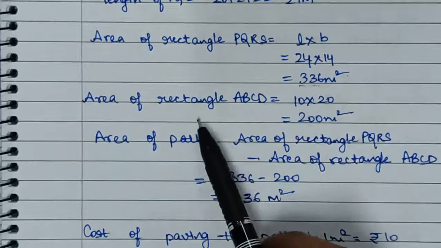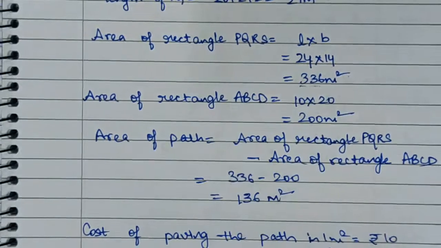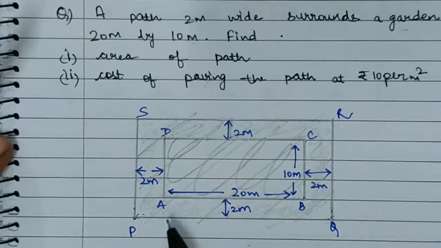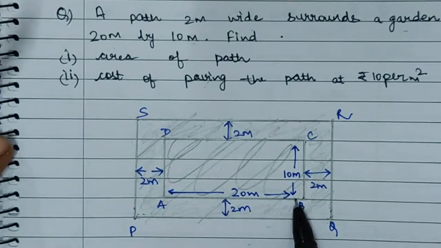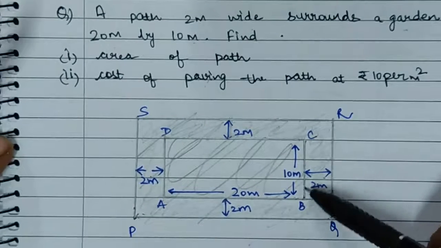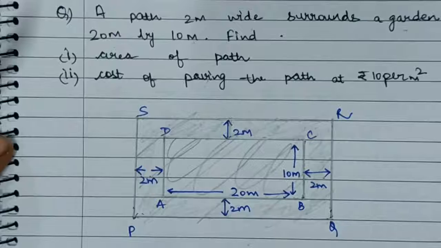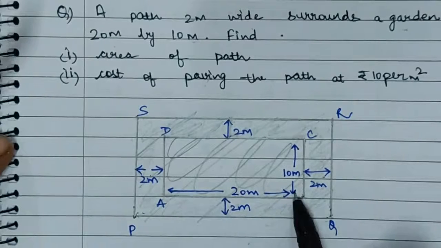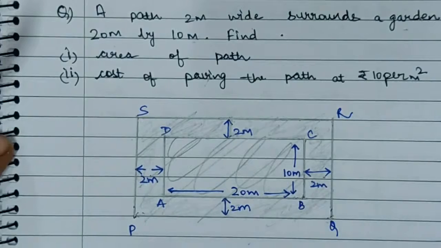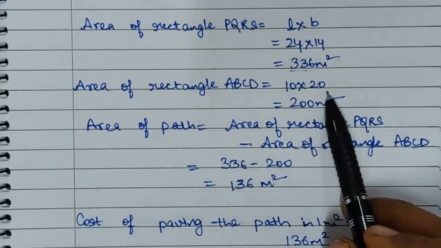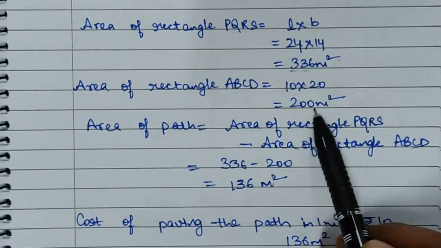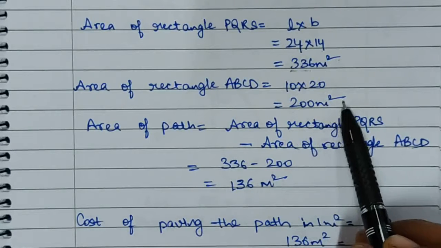Now area of rectangle ABCD will be, length is 20 meter and breadth is 10 meter. So area will be length into breadth, that is 20 into 10 gives us 200 meters square.